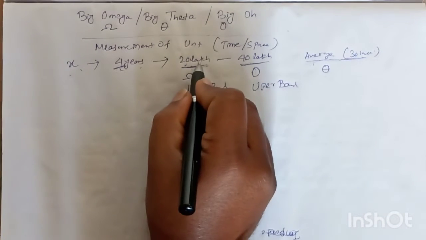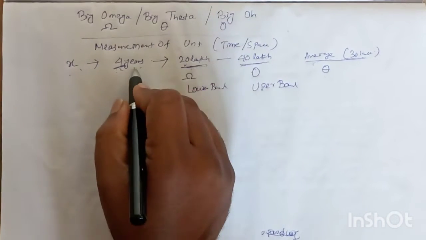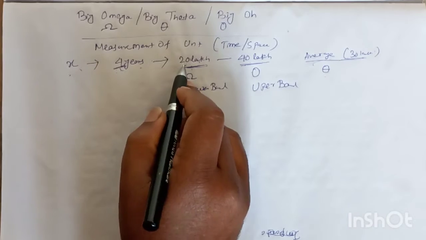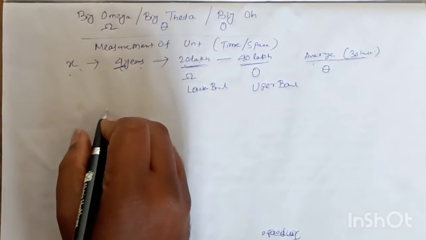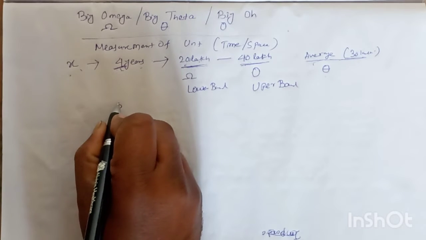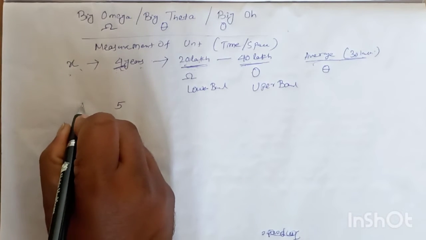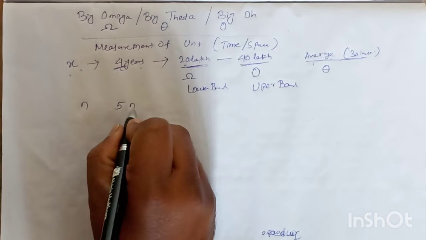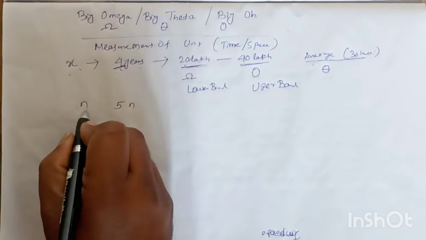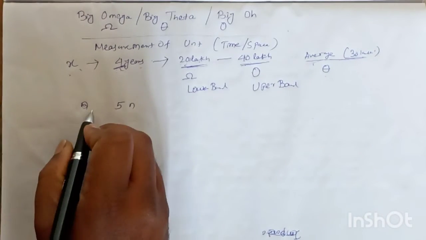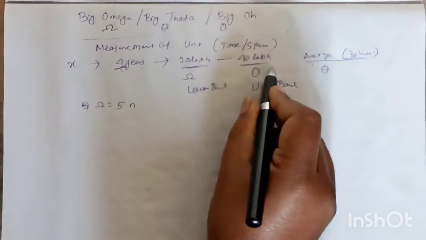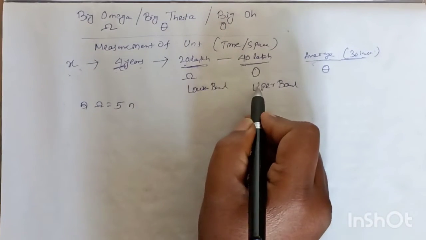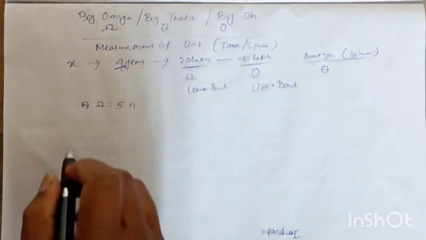For 4 year candidates, the company can give 20 lakh as a base. So we can say it's 5 times the years of experience. If we say years of experience is n, 5n is the omega. And the worst case, the upper bound, is 40 lakh, that is 10 times.